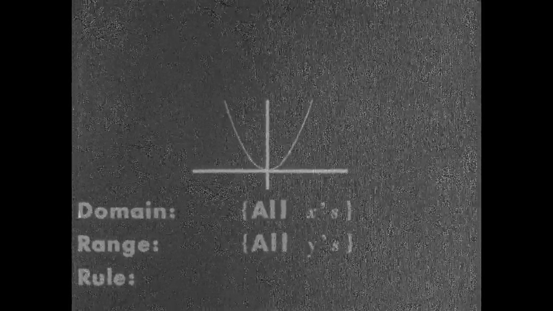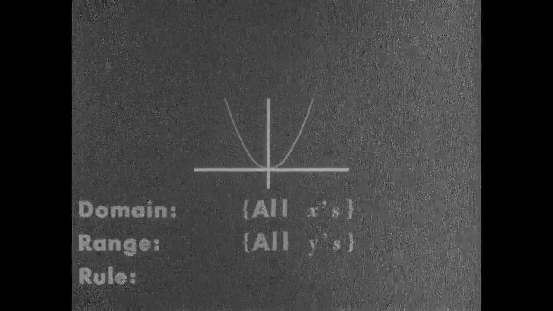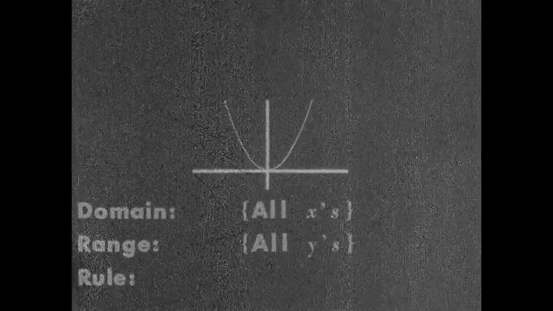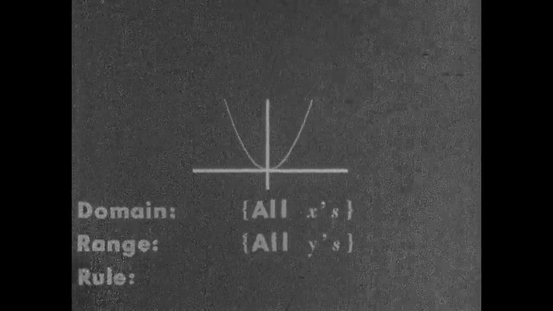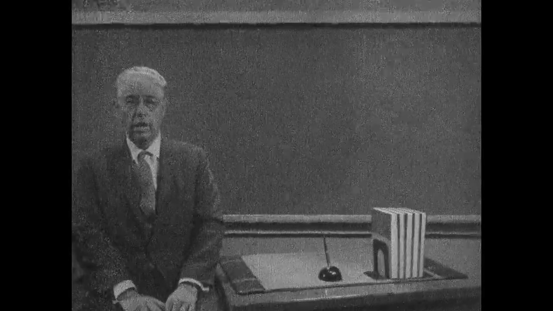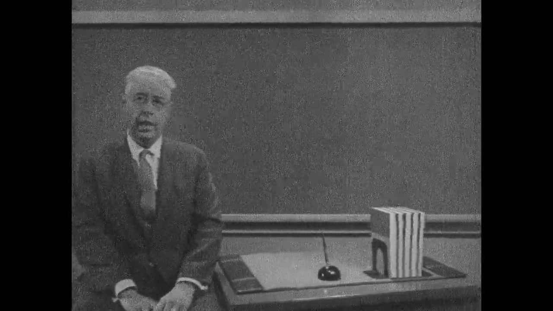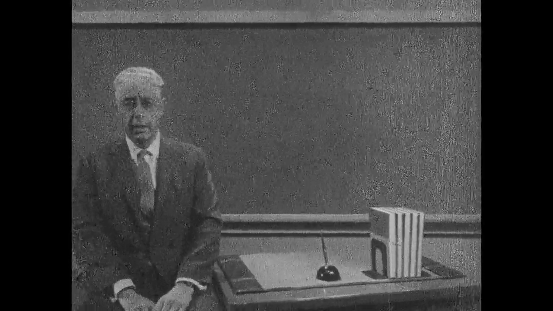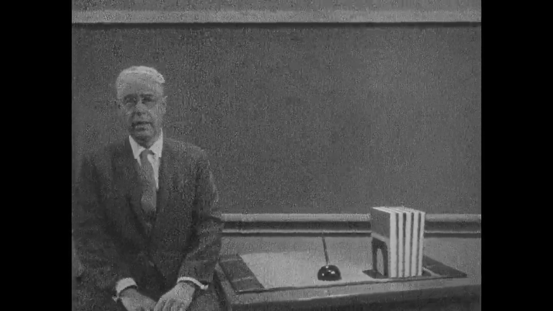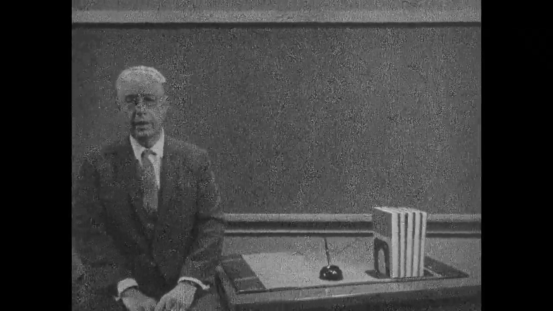The concept of set helps us see that the rule is not the function, but gives rise to the set of ordered pairs, which is the function. Thus, we see again how the concept of set can bring new meaning to the presentation of basic mathematical ideas in the high school classroom.